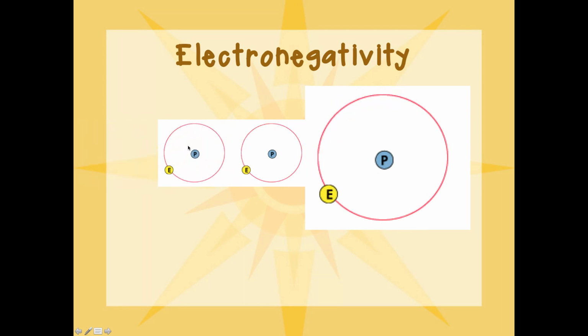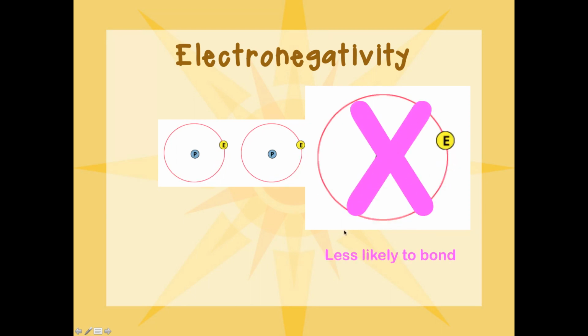But if this element tries to attract this electron, at least compared to this one, this nucleus is closer to this electron, which means it's more likely to pull it over, meaning this element would have a higher electronegativity and this element would have a lower electronegativity. This element is less likely to bond than this one is because this can get closer, it can attract it stronger, and it's more likely to pull it over.